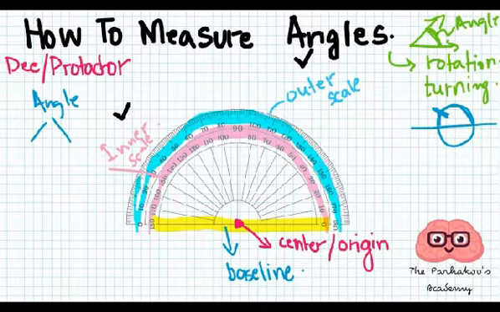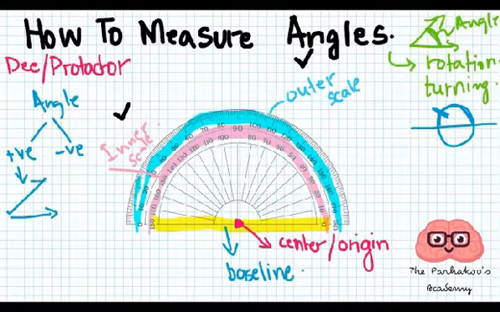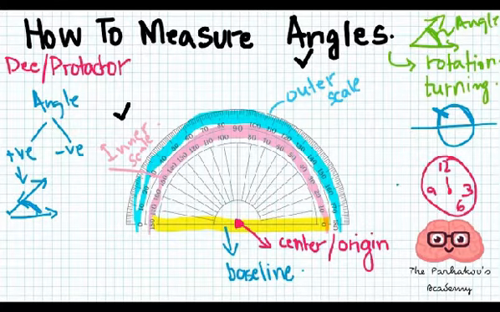Now if you have watched my video on angles, I told in that the angles are basically of two kinds: the positive angles and the negative angles. So positive angles are the angles which are measured anti-clockwise. That means against the clock. So clock goes this way, this way. The hands go this way, like this. Anti-clockwise means against the clock.